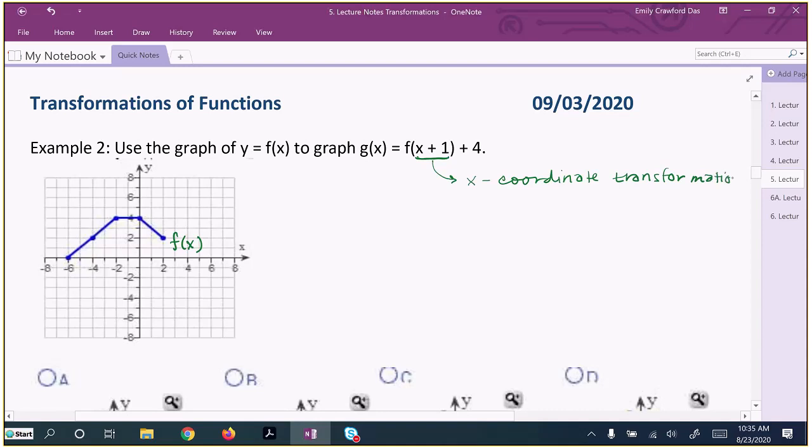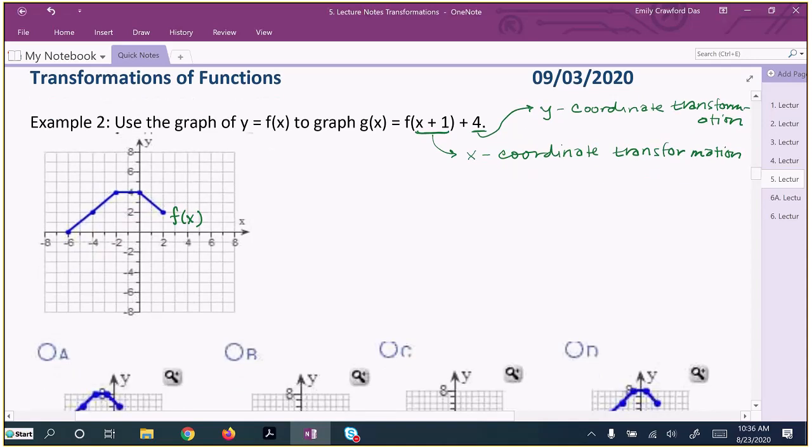So that's going to transform the y coordinate. So this one is going to be y coordinate transformation. And what kind of transformations are they? Well, in both cases, I have addition. And I know that addition is shifting. Addition or subtraction just gives us shifting.